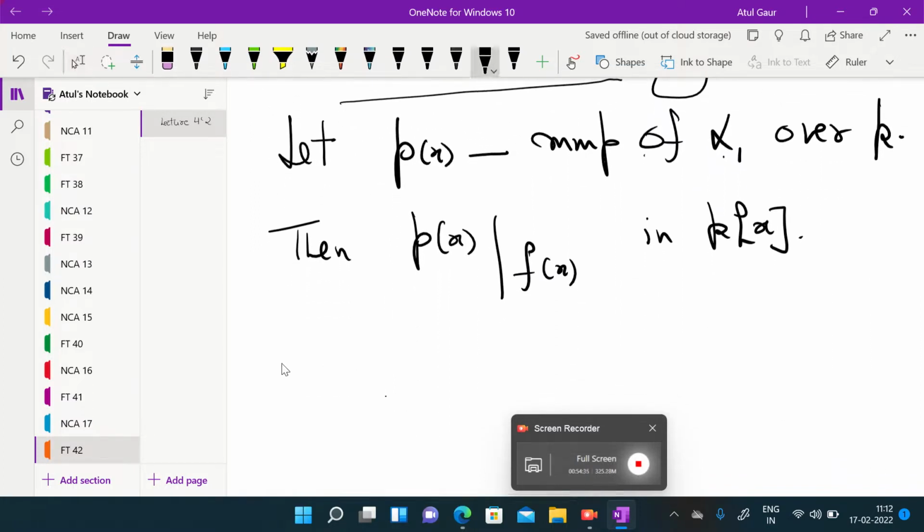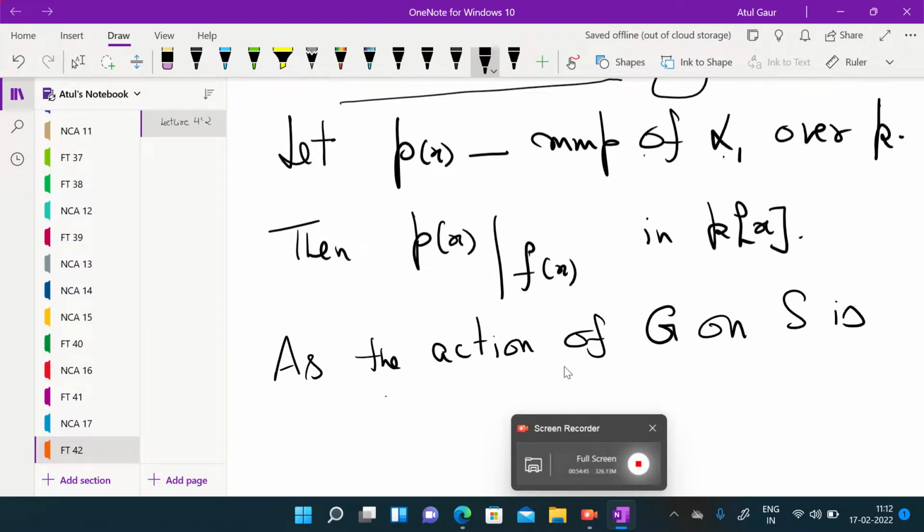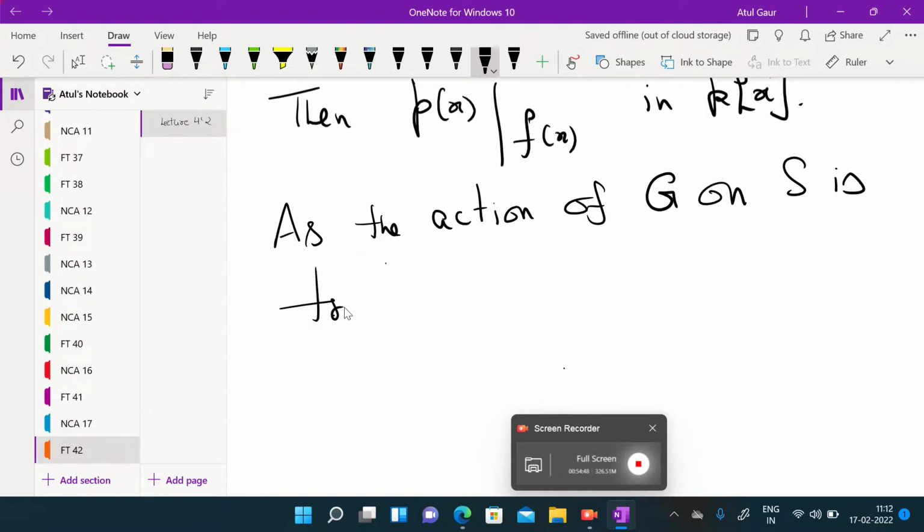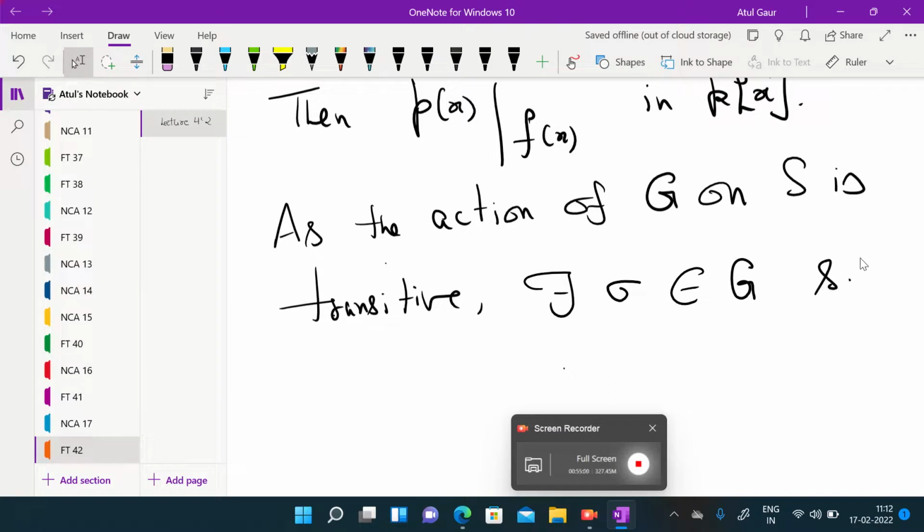Also, as the action of G on S is transitive, there exists sigma in G such that sigma(alpha_1) equals alpha_i, and this is happening for all i equals 1 to n.